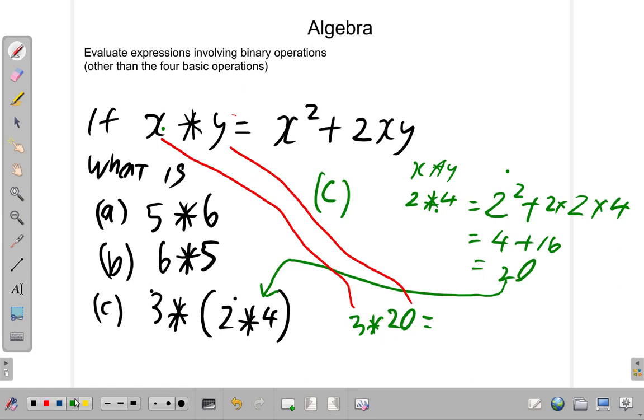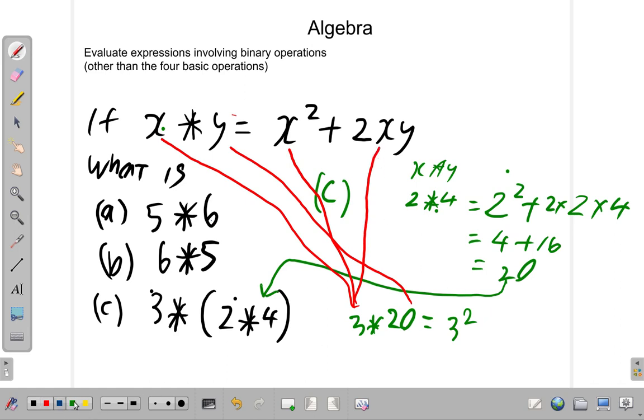So what happens to the 3 is the same thing that will happen to the x. So we have 3 squared, right? So on the right hand side up here, 3 will come here and it will come here as well.